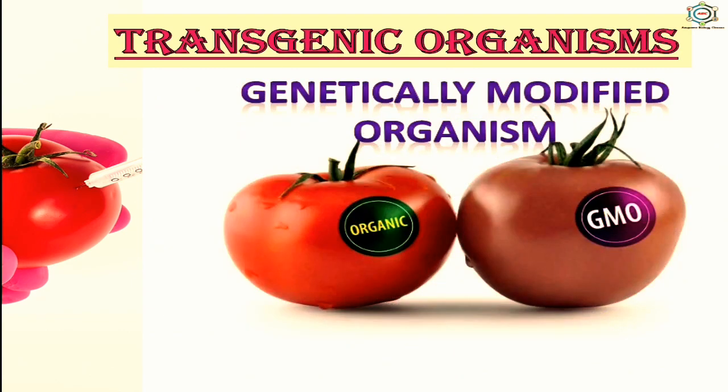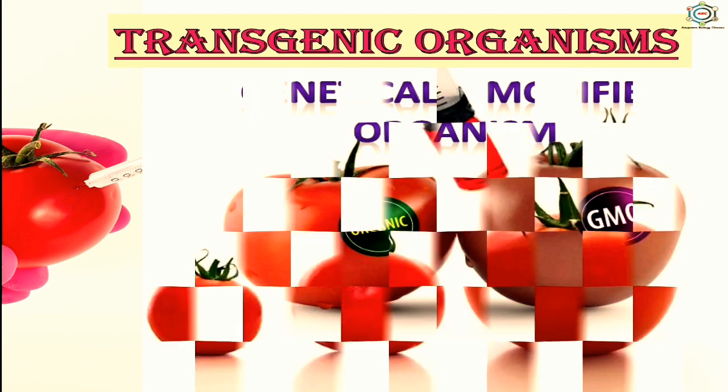The transgenic organisms are also called genetically modified organism, that is GMO. The latter may also be formed by introduction into them of an extra copy of their own gene or a cloned and modified gene. Transgenics may be animals, plants, or microorganisms.